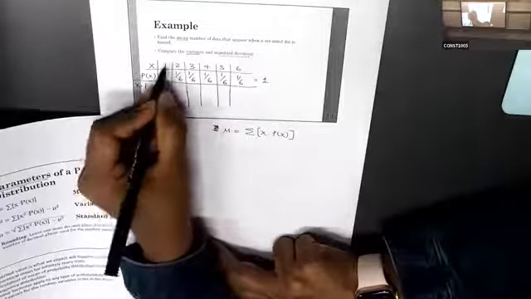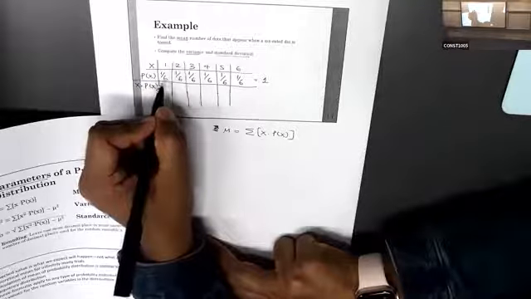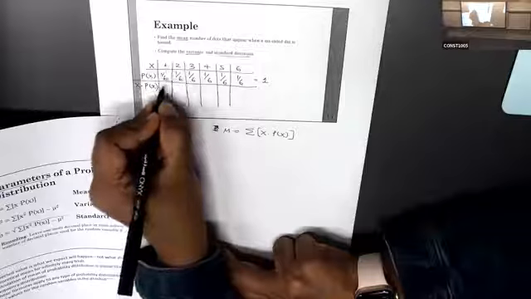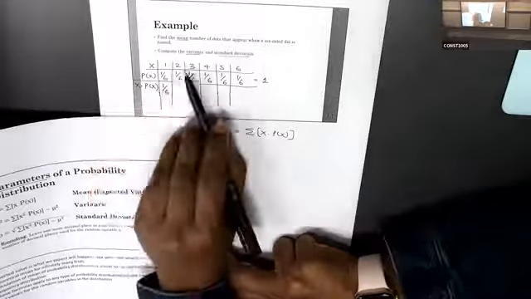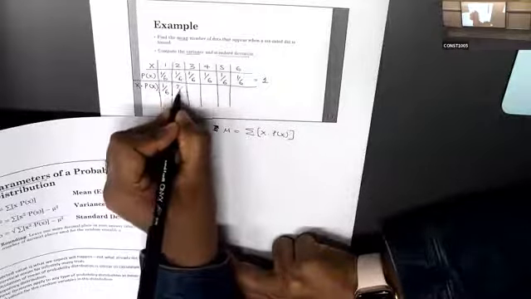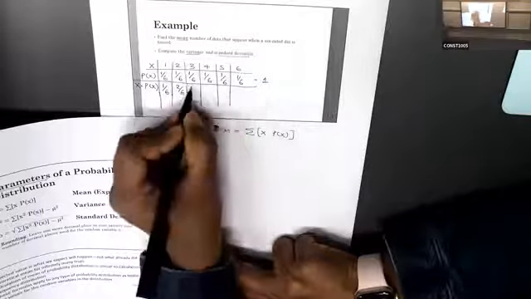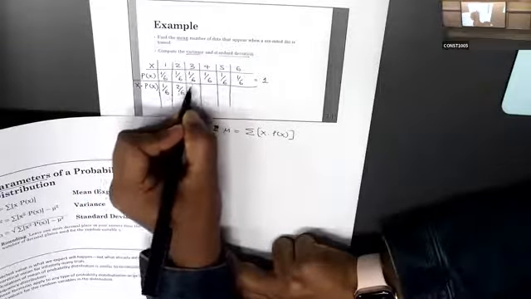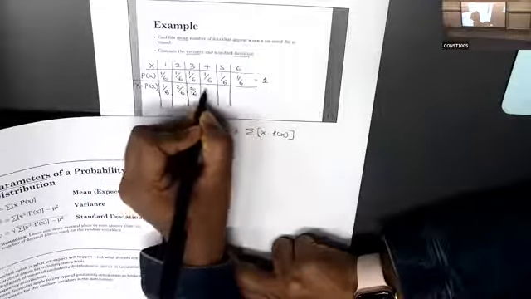x times px, the first x value is 1 times px, which is 1 over 6. So 1 times this value, it's this. Then the second x value is 2 times px. So it's 2 over 6. Third one, x times px means 3 times 1 over 6. Can you see?